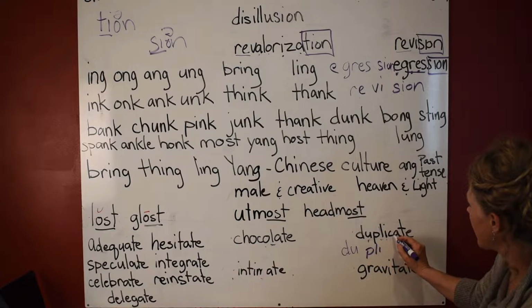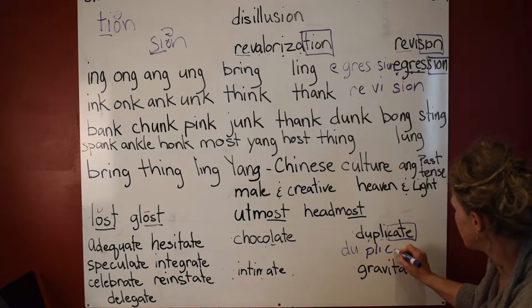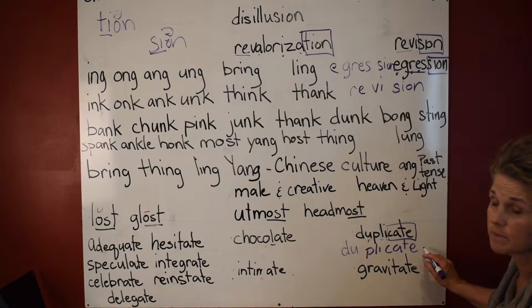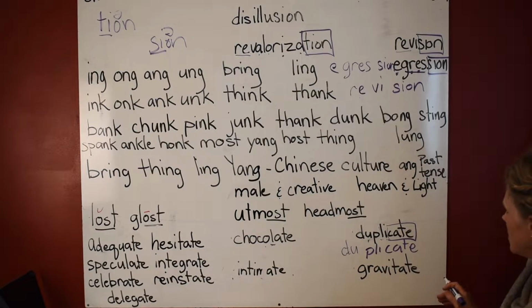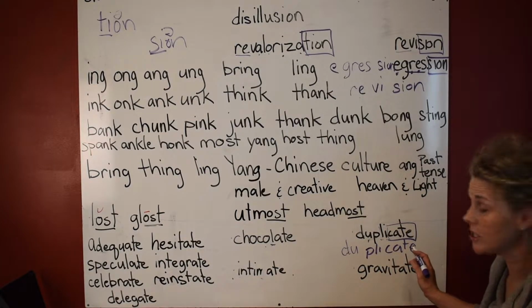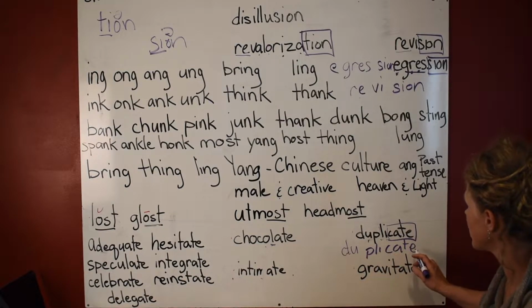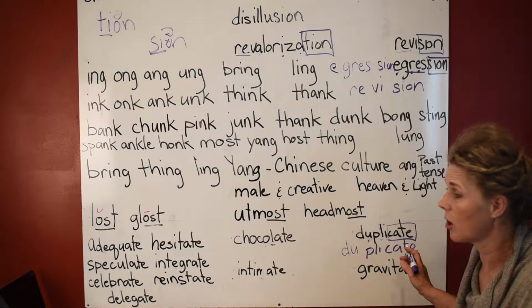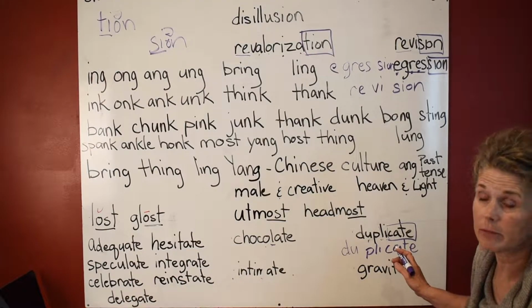Okay, and then see how this is a consonant and it's going to stay right here. C-A-T-E. Duplicate. All right? Now, often you will find words that will say duplicate or duplicate. Both will be correct. Sometimes, though, you will have it when they do have different meanings.